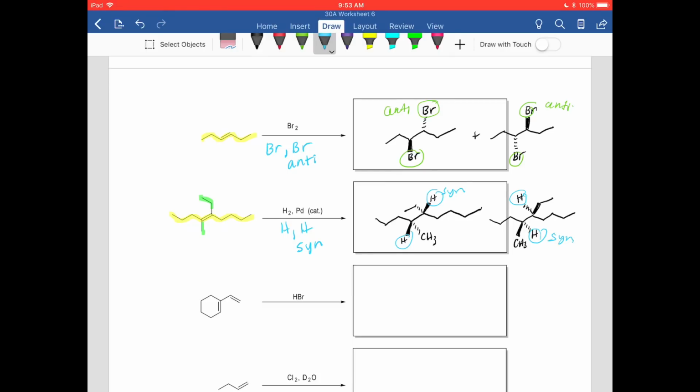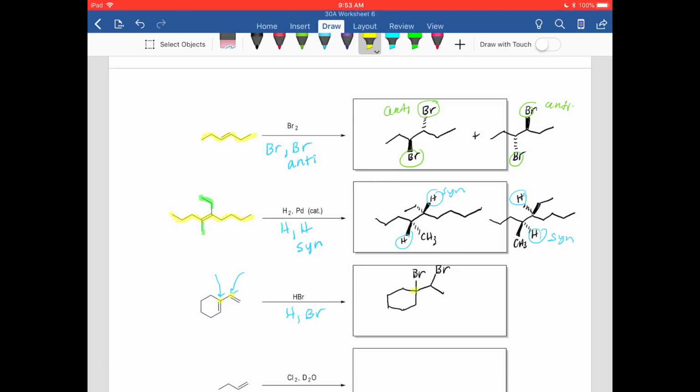For the next one, we're adding hydrogen and bromine across the double bond. So this is similar to the first reaction we looked at. So I'm going to be adding a bromine here and a bromine here, because both of these correspond to the more substituted side of each respective alkene. So first I just draw out my skeletal structure, and then I figure out if I have any chiral centers where I can show stereochemistry.